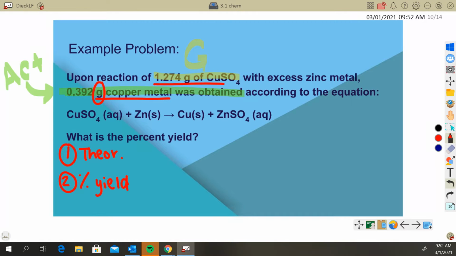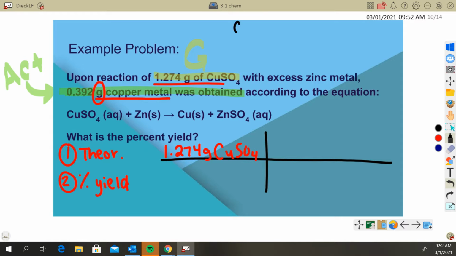So we're going to do some stoichiometry. We're going to do step one first. We're going to start with 1.274 grams of copper sulfate. I need to figure out the molar mass of copper sulfate. So we have copper, we have sulfur, and we have 4 oxygen.